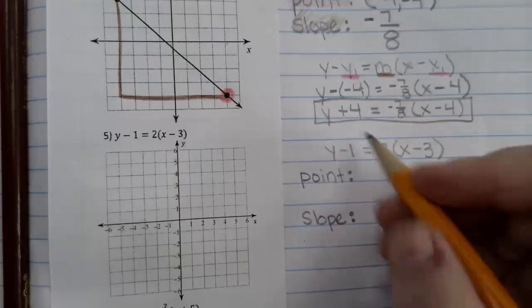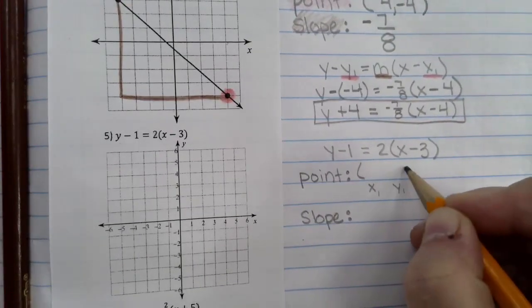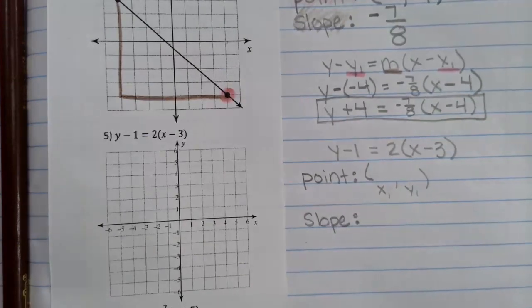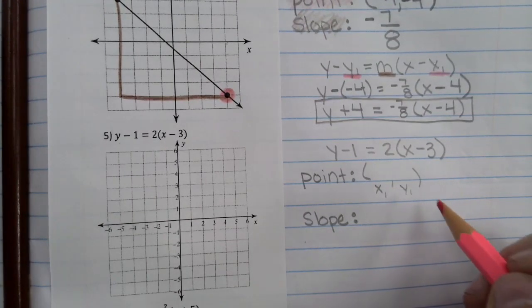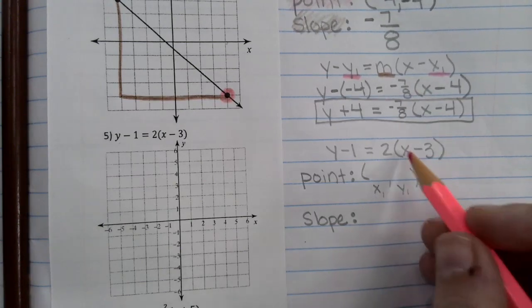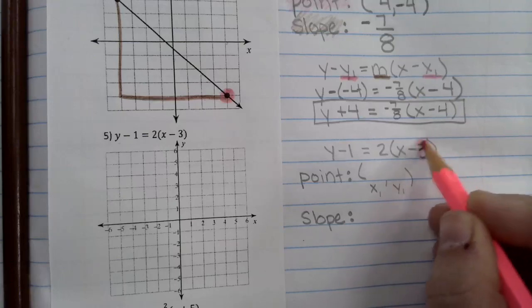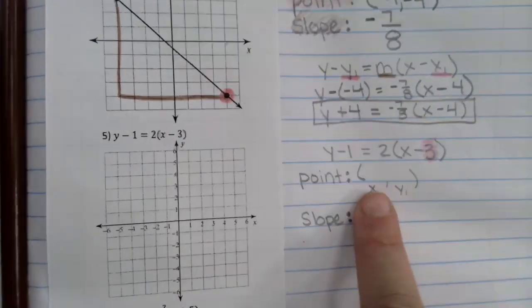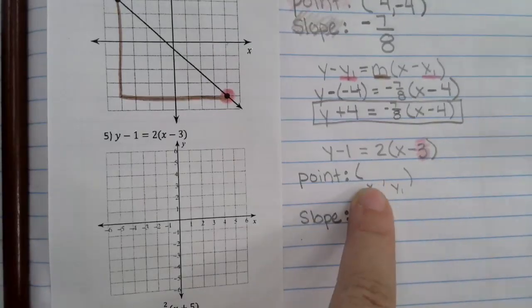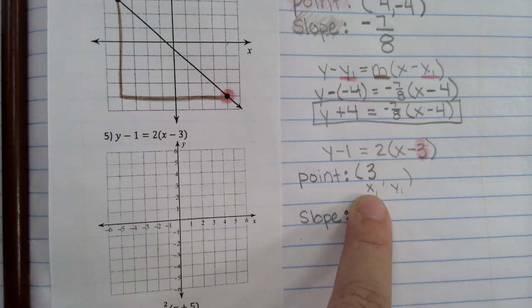So for my point, I want to know what is my x1 and y1. What goes with the x? 3. Now it's a minus 3. Remember, when it's a minus 3, is that actually going to be a positive 3 or a negative 3? Positive 3. Remember it's a little opposite of what we're used to in this form.